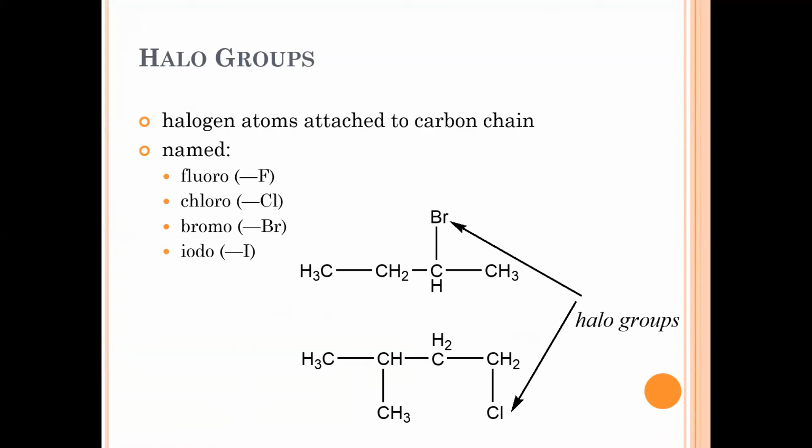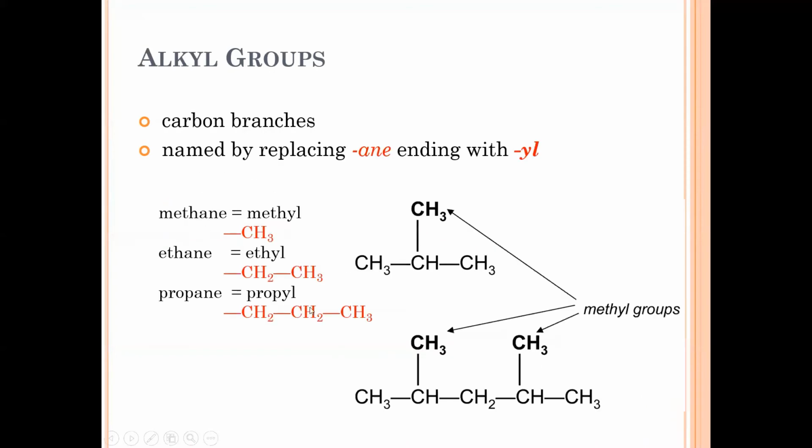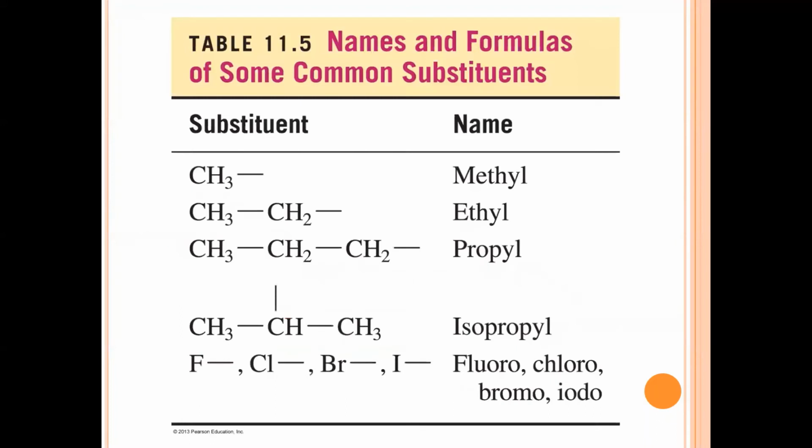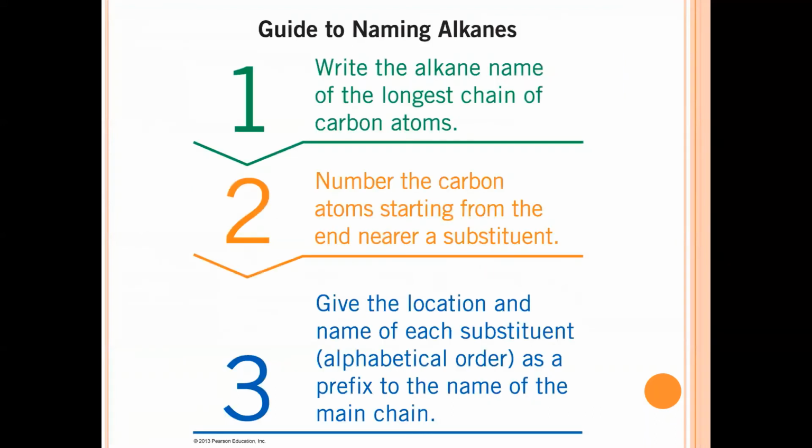So here, fluorine becomes fluoro, chlorine becomes chloro, bromine becomes bromo, and now iodine becomes iodo. Those are the group names. So you need to know these, and you definitely need to know these 3. So there's not too many, you only need to know 7 of what the common names are known as. So methyl, ethyl, propyl, and then we'll go from there.